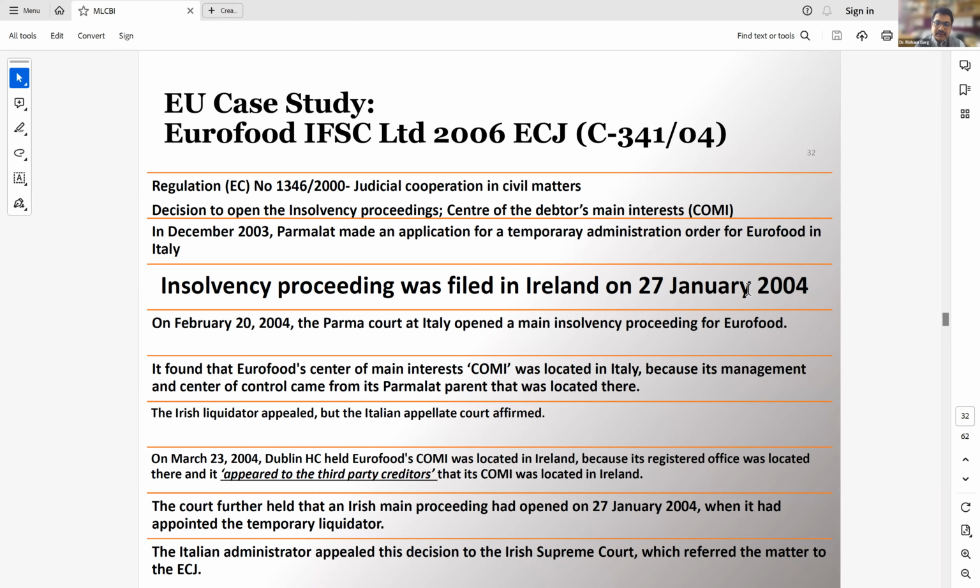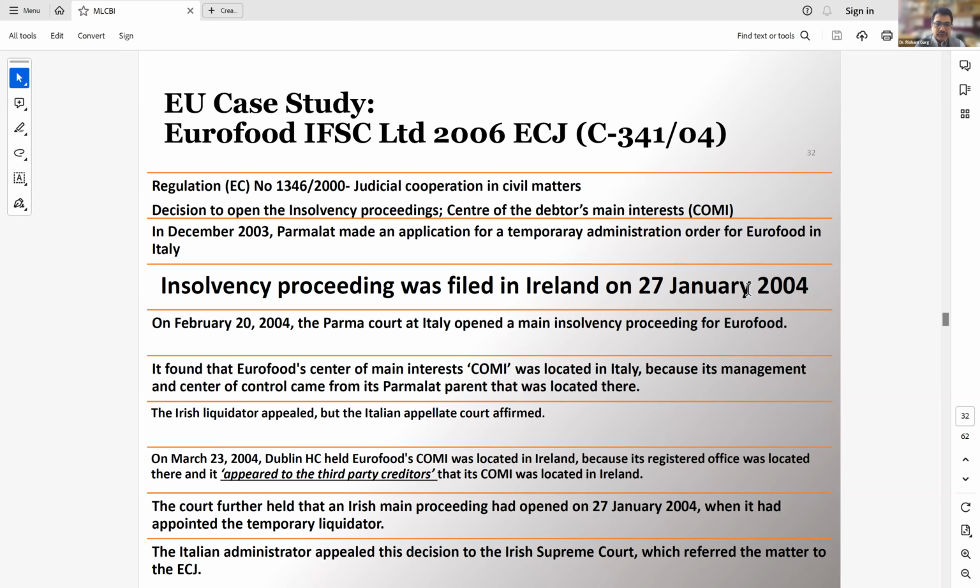Then this insolvency administrator, insolvency professional, went to Ireland to get this Italian insolvency recognized and enforced in Ireland. The Irish court found that we cannot do that because they found that the Eurofood Center of Main Interest (COMI) was actually located in Ireland.